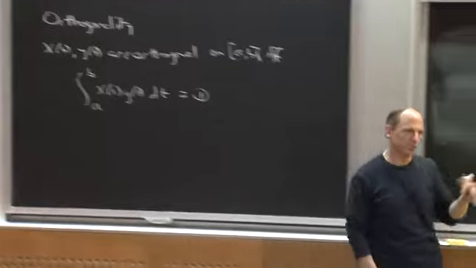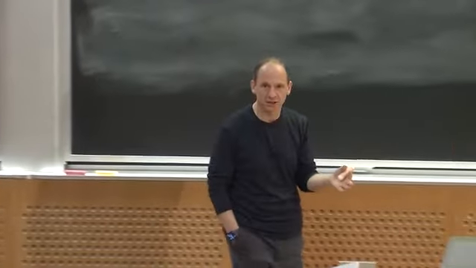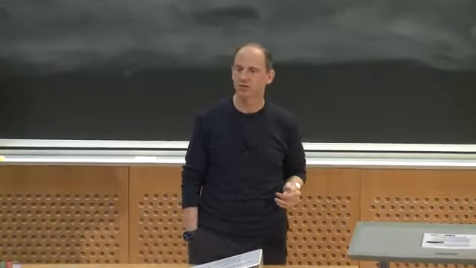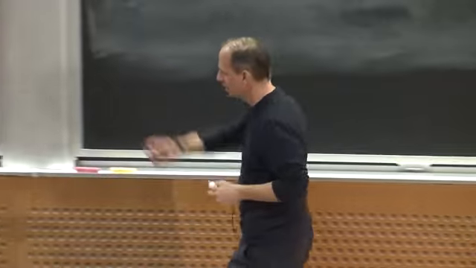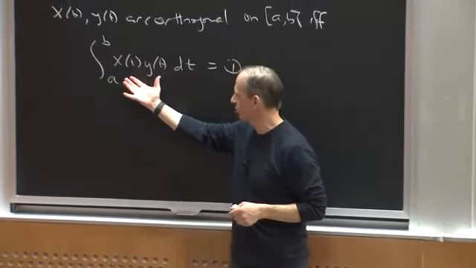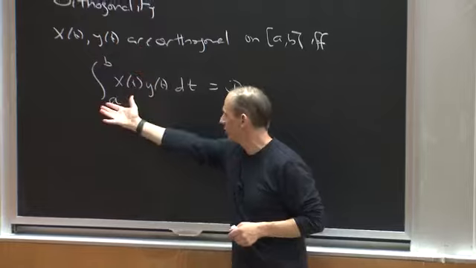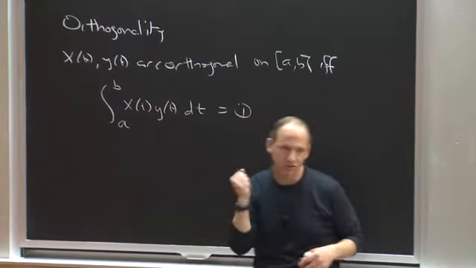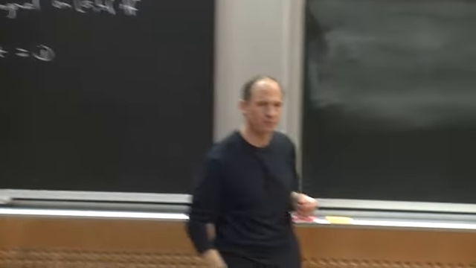This is the natural extension of the inner product for discrete sets or vectors onto continuous time waveforms. So if I take the product of the two, x of t and y of t, and I integrate them over the interval I'm interested in, I get 0, that means they're orthogonal.